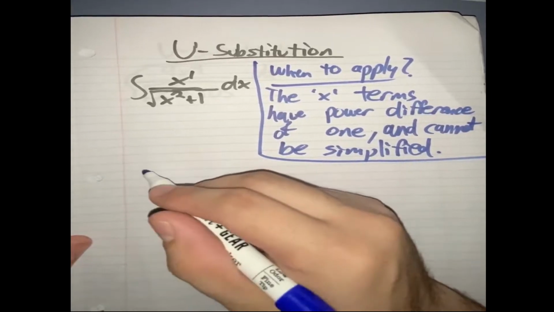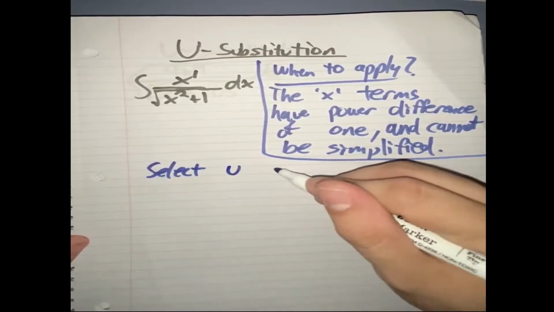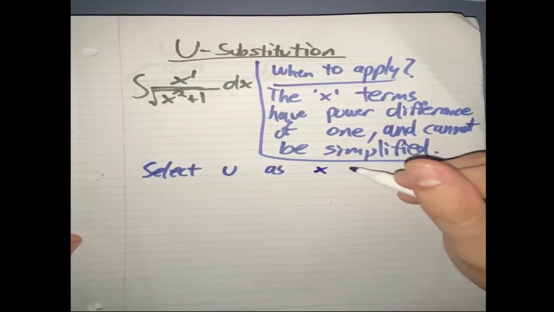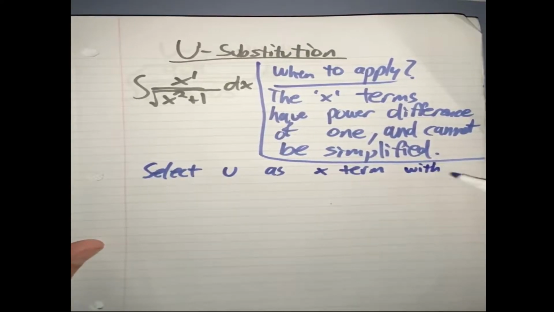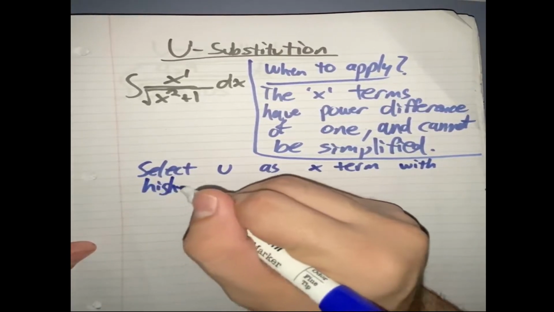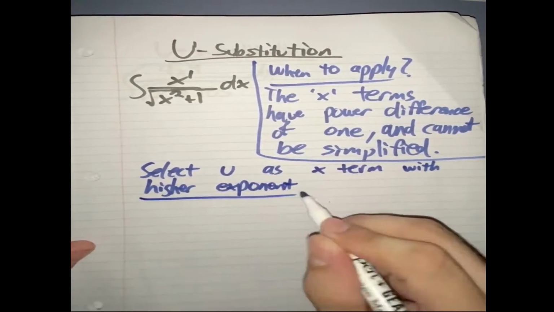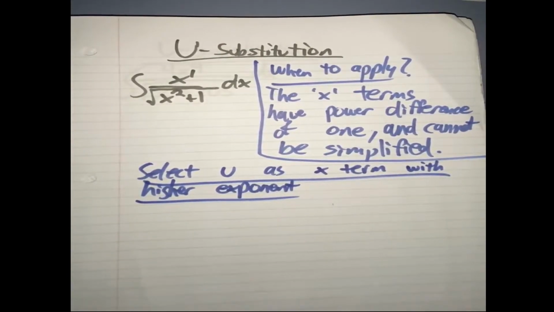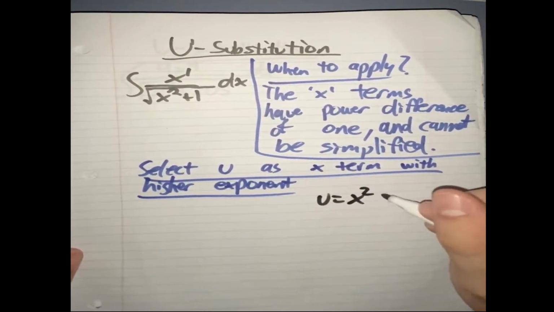So select u as the x term with the higher exponent. In this case, our u is equal to x squared plus 1.